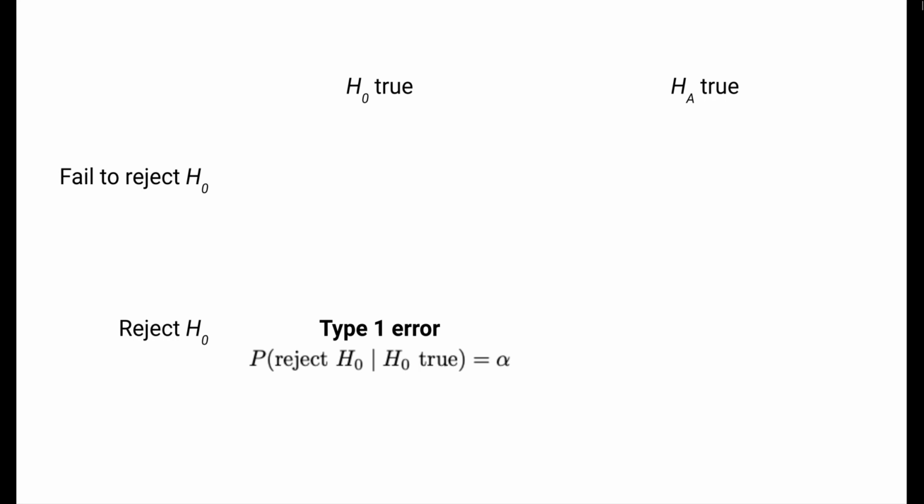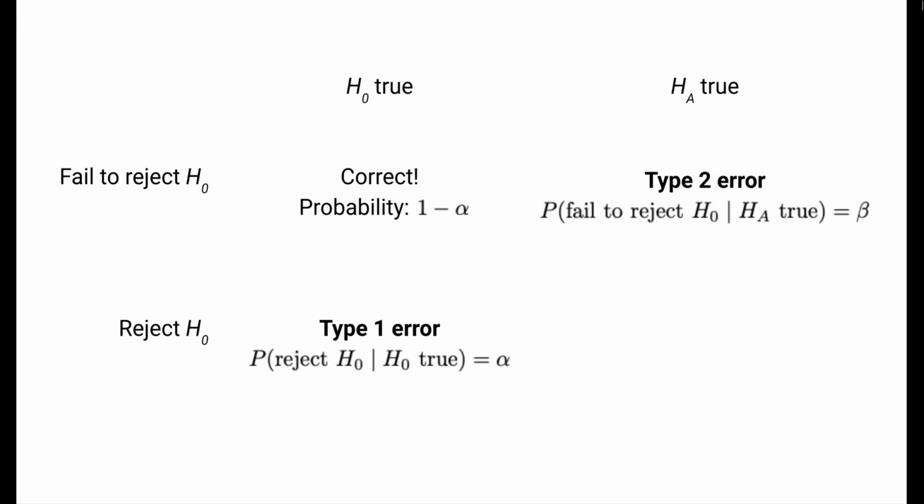And we control the probability of this at alpha, our significance level. Contextually, this means that there really is no effect or relationship in the broader population, but we claim that there is. If we fail to reject the null when it is in fact true, this is a correct decision. The probability of this occurring is 1 minus alpha.